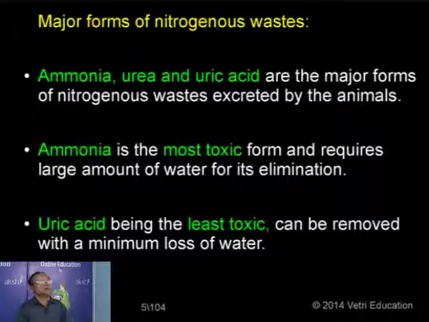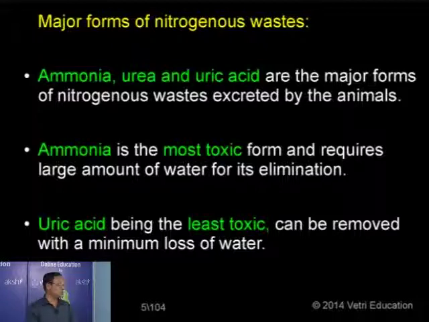Out of these three waste products, ammonia is considered to be the most toxic. That is why it is not excreted by land animals, because it is not eliminated easily. As it is most toxic in nature, it is eliminated mainly by aquatic animals, because ammonia is highly soluble in water.